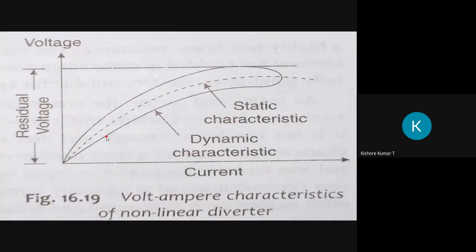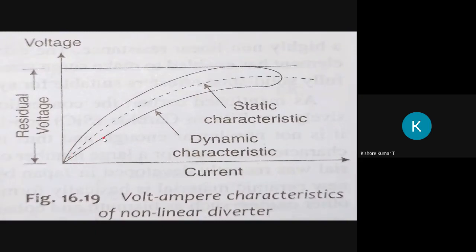Now, if you calculate the value of resistance at a certain value of current, let us say here for 1 amp current there is 20 volts, and for the same 1 amp current there is 25 volts, two different voltages.